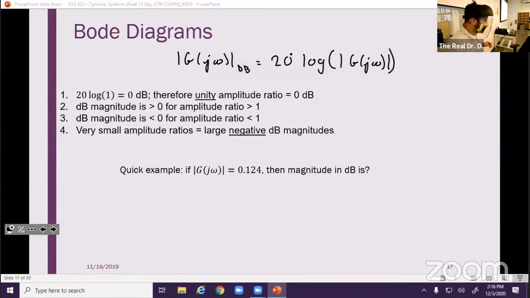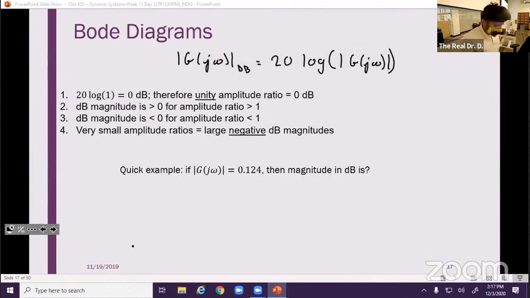If you don't know where log is on your calculator, it might be like mine. Mine doesn't have a log button, but it's hidden inside the math function. You can dig for it. Or if you have an alphanumeric calculator that lets you type, just type log, open parentheses, put your value in, close parentheses, hit enter, get log out.